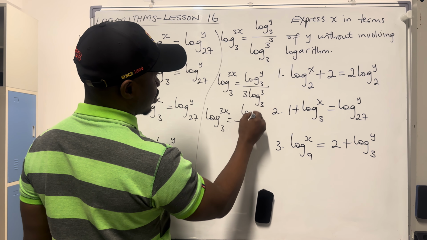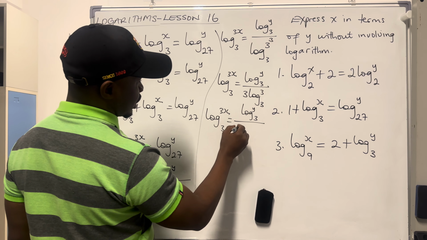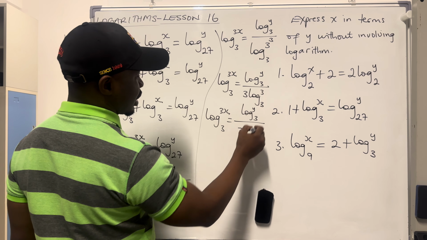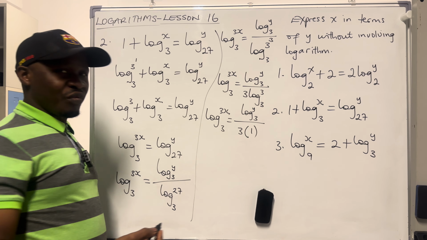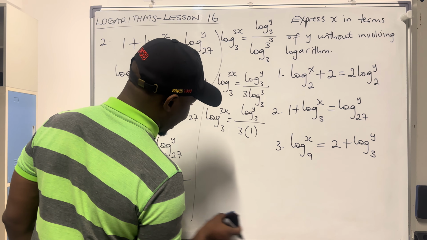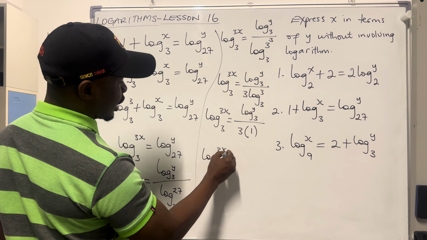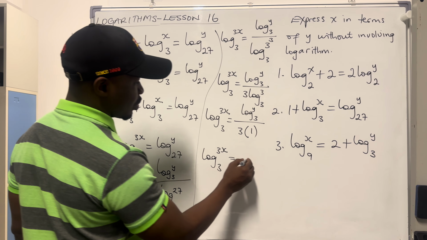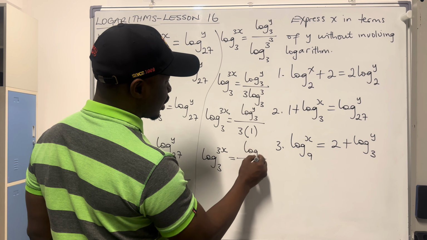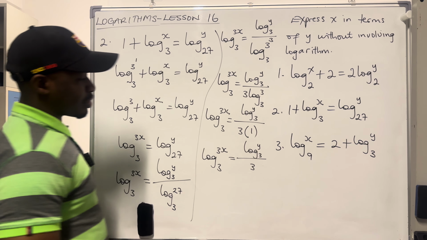So this is 3. Log 3 base 3 is 1. Log of any number to the base of the same number is 1. So therefore, log 3x base 3 equal to, at the top, still log y base 3, over 3 times 1 is 3.